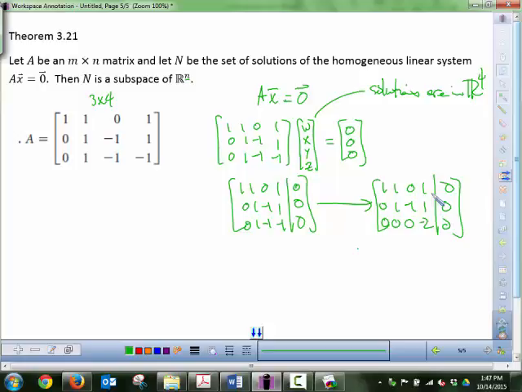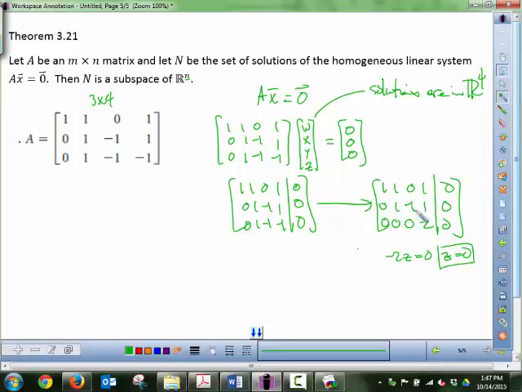So in this example, we're trying to solve for w, x, y, z. So let's see if we can solve for this. Let's see. So z is the last variable. It looks like negative 2z is equal to 0, which means z is equal to 0.